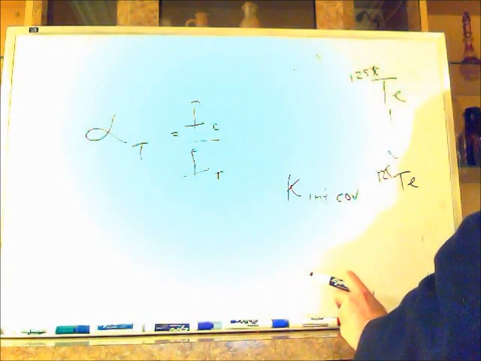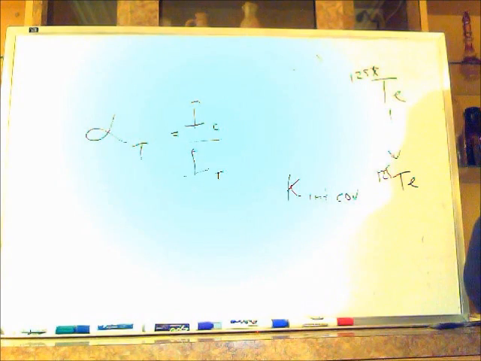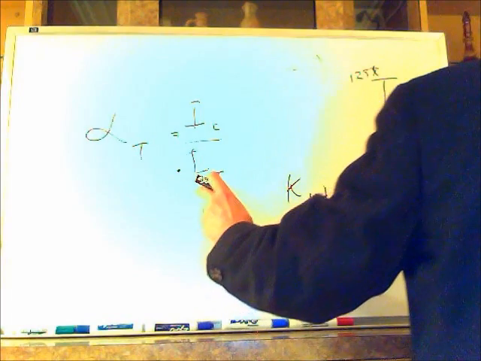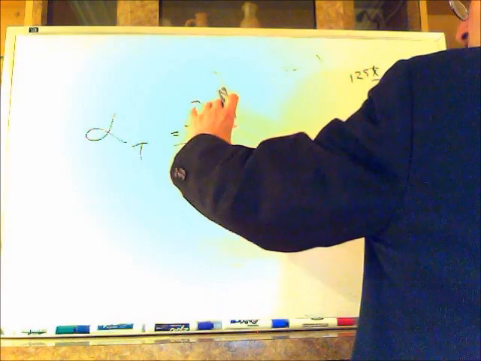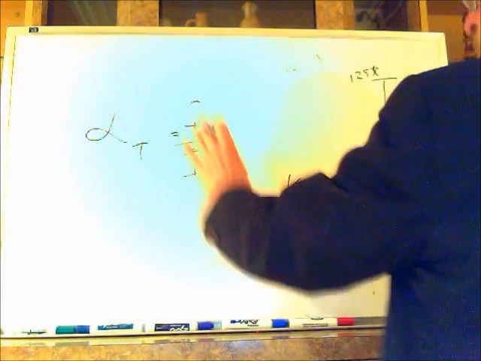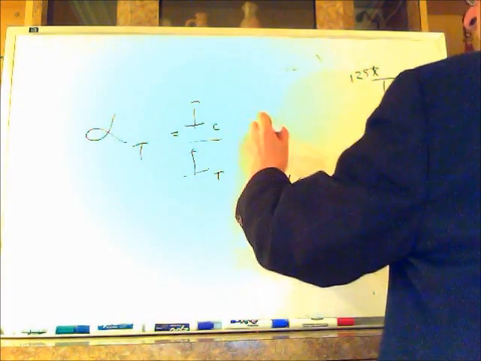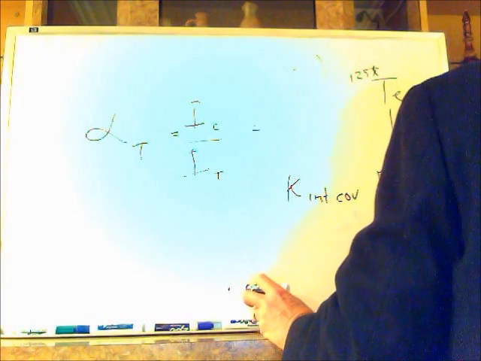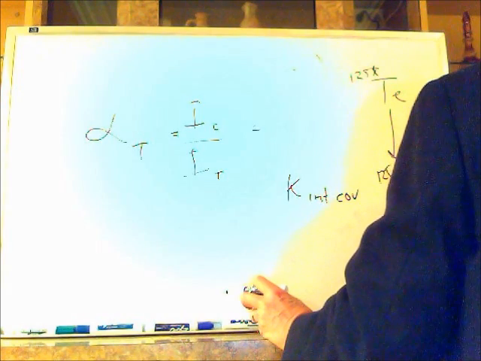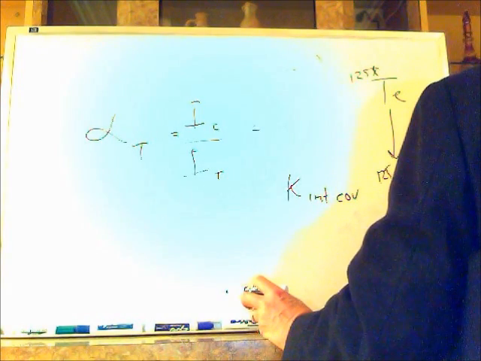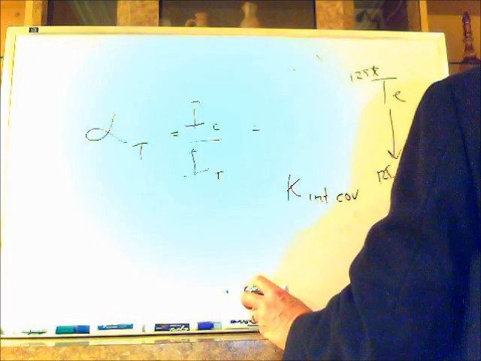Our I sub t value, these represent gamma photons, and these represent conversion electrons. Since we don't actually have numbers of these, we can use the probabilities in place of the numbers. So if we look at our table again, the probability of conversion is going to be the sum of the K internal conversion, the L internal conversion, and the M internal conversion.